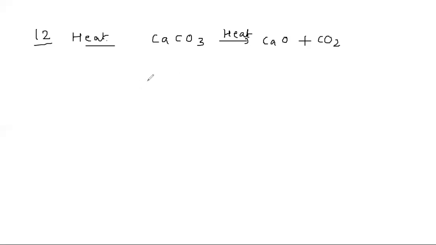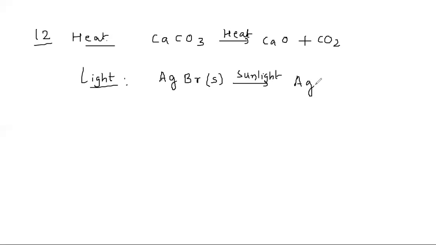We consider the second case, light, that is photochemical reaction. So we can take an example like AgBr solid when exposed to sunlight, it gives Ag plus Br2. So here if we balance it, we have to put 2 here and 2 here.